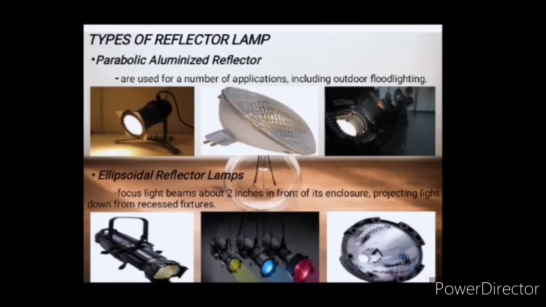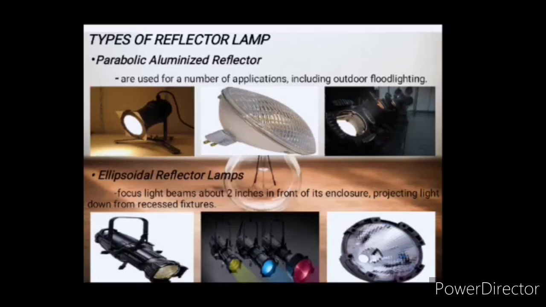There are two types of reflector lamps: the parabolic aluminized reflector and ellipsoidal reflector lamps. The parabolic aluminized reflector are used for a number of applications, including outdoor flood lighting. So mao ni siya mga example sa mga parabolic aluminized reflector.